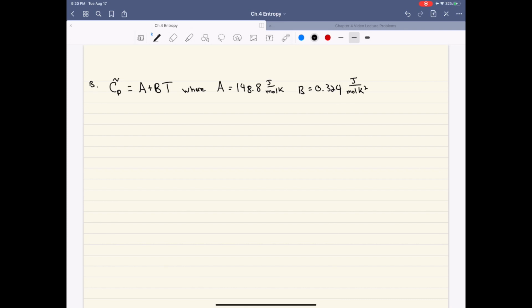And so when we look at our entropy balance, we could plug in this equation for Cp.